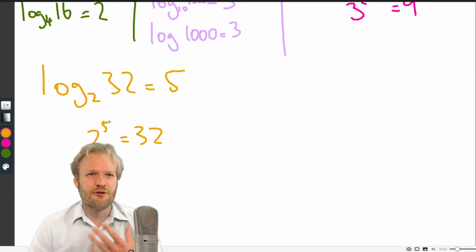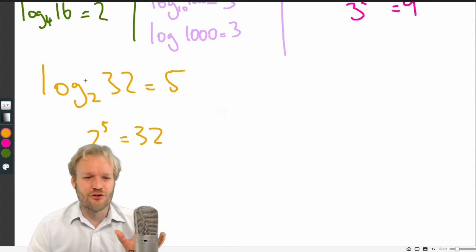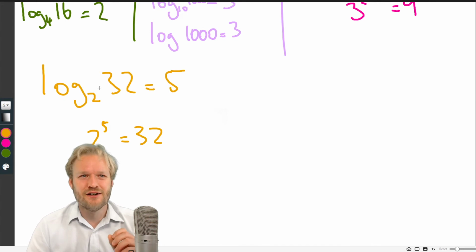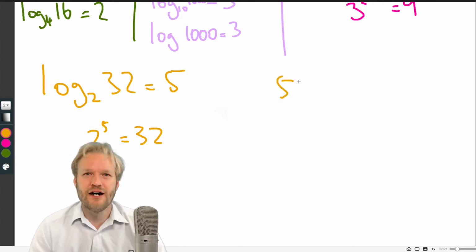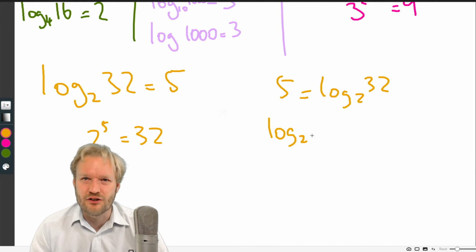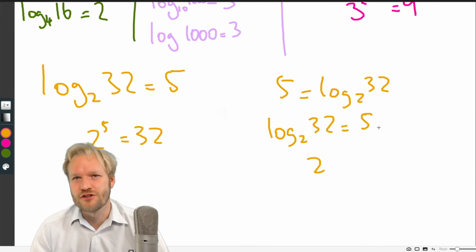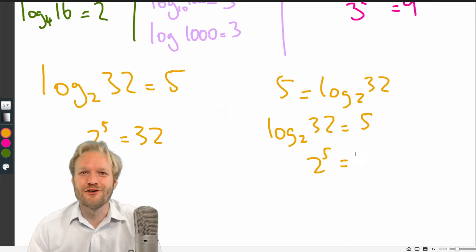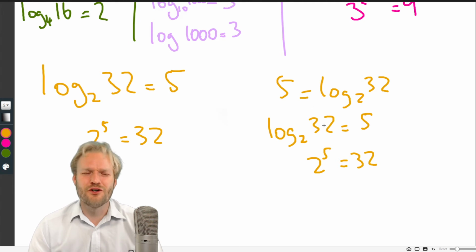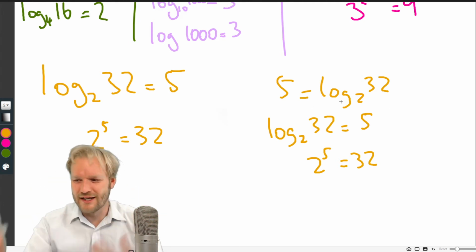Now, I'm a big fan of just making sure the log or the exponent part's on the left-hand side. Then we just keep the same flow going. So if you were given 5 equals log base 2 of 32, at least to start with, just rewrite it as log base 2 of 32 equals 5, and then you can go 2 to the 5 equals 32. So just rewrite that as we get into these.